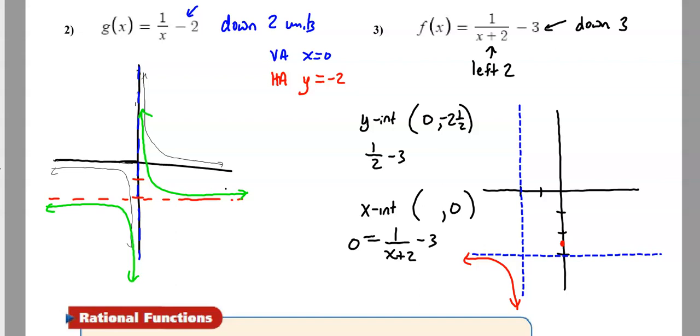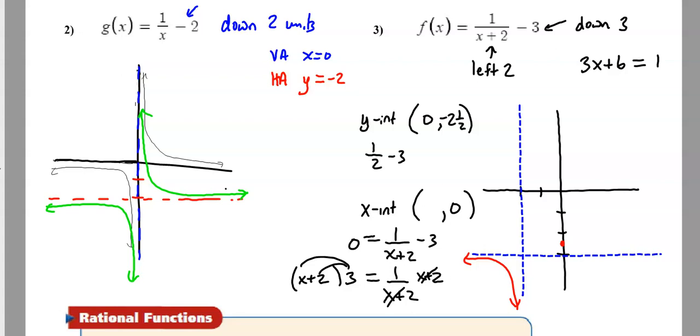And add 3 to both sides. Multiply both sides by x plus 2. I'm going to jump up here. That would be 3x plus 6 equals 1. Because remember what I did was I multiplied this side by x plus 2. And I multiplied this side by x plus 2. These will cancel. And then I have to distribute.